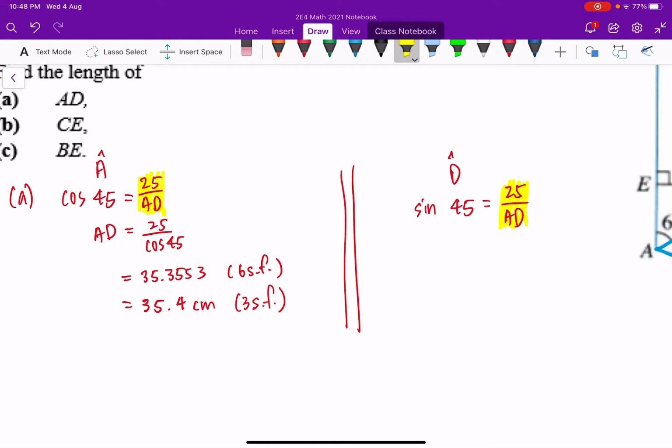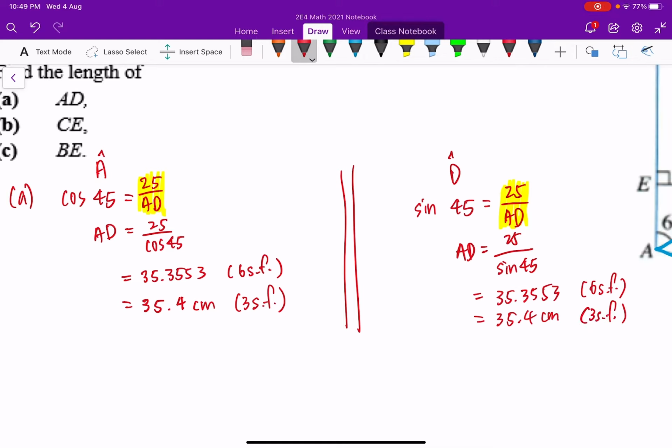And when you key this into calculator, you will arrive at the exact same number. You get 35.4 cm, 3 SF.